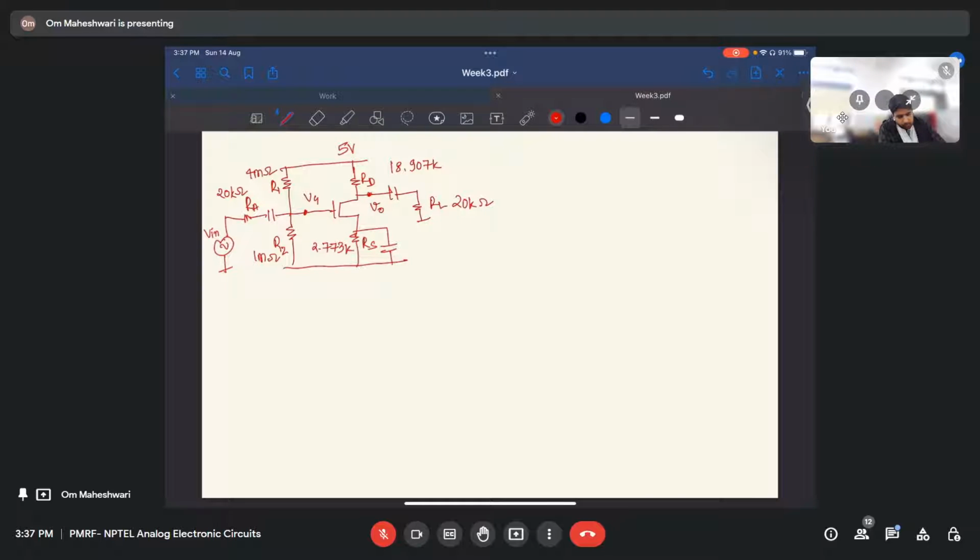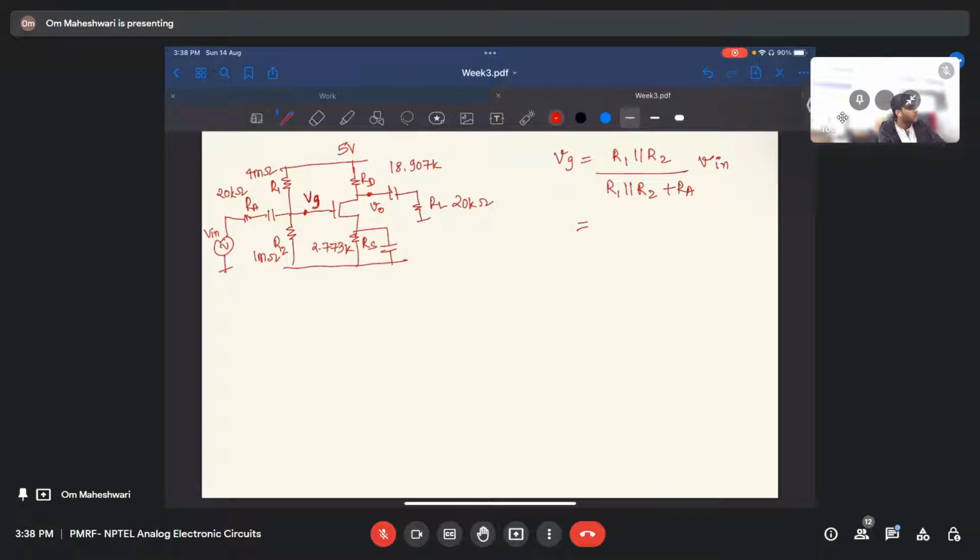So our first step is to find the small signal voltage Vg here. If this is V in, what is the voltage reaching the gate of the MOSFET? This is simple voltage division. So Vg equals R1 parallel with R2, divided by R1 parallel with R2 plus RA, times V in.